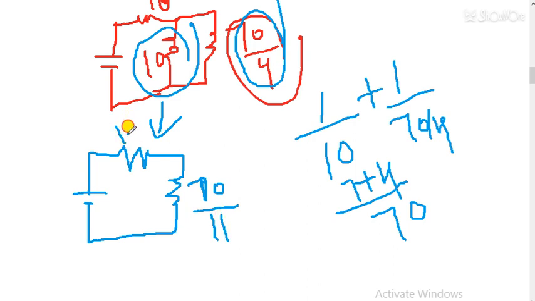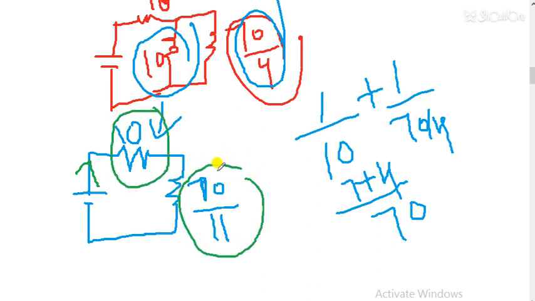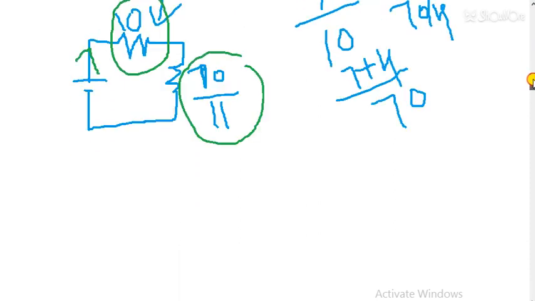Now students, after this connection no other connection is possible. So that means if current is flowing through this, same current will flow through this 10 ohm, same current will flow through this 70 by 11 ohm. That means these two are now in series, so your answer will be 70 by 11 plus 10.